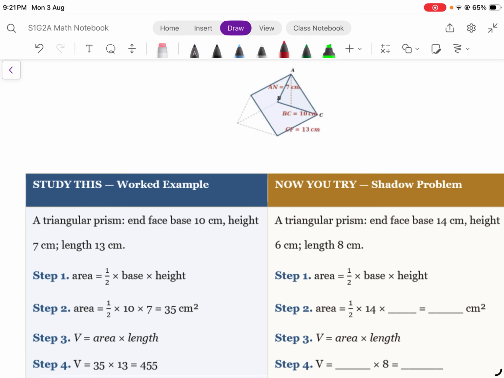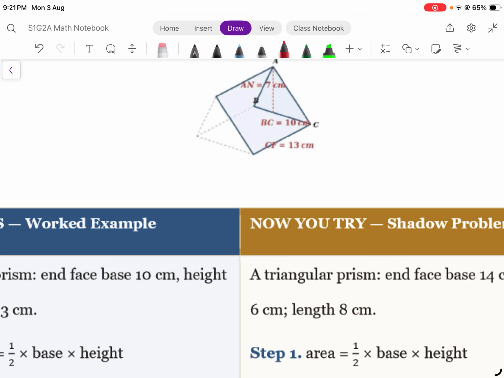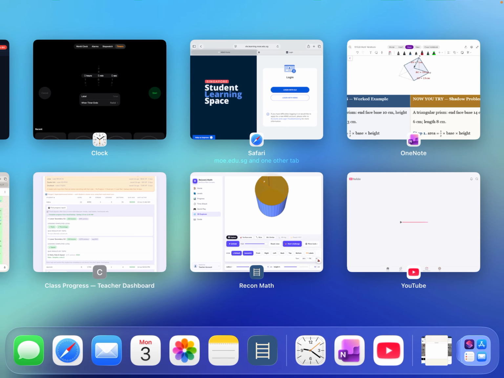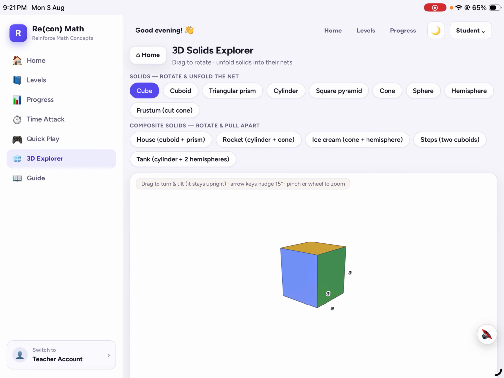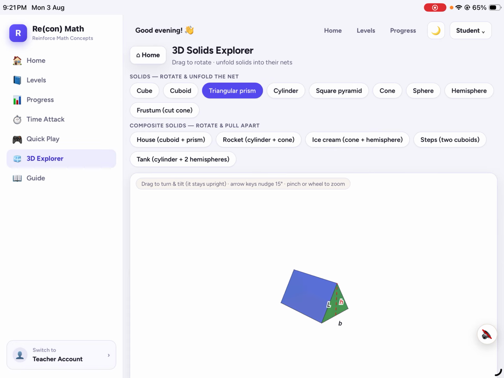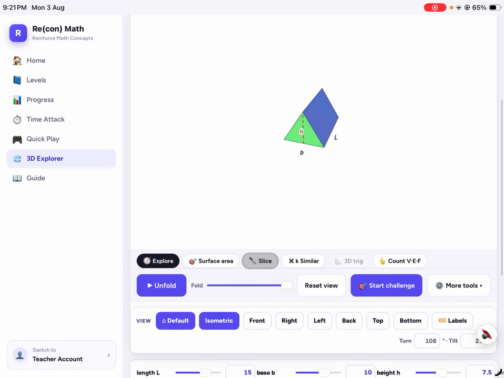Next one, a rectangular prism. If you find it hard to imagine, you can use the app that we always use. Let's go to 3D View Explorer and choose rectangular prism. This is how the rectangular prism looks. If I want to show you the volume, I just slice it.